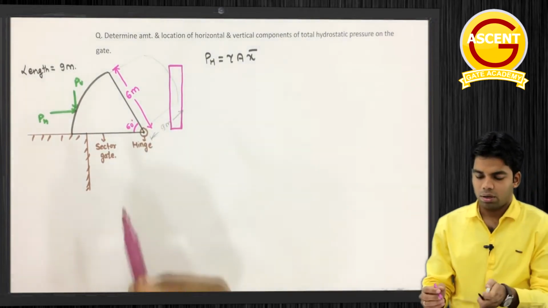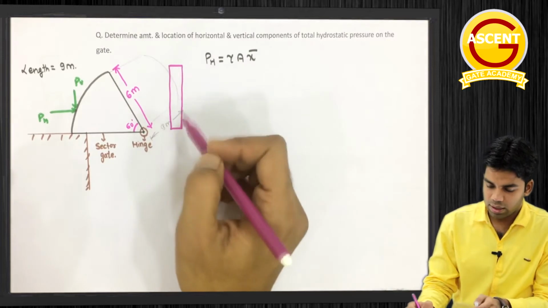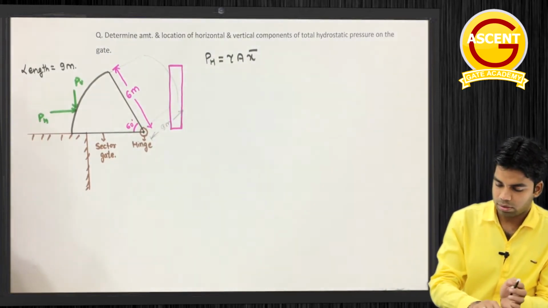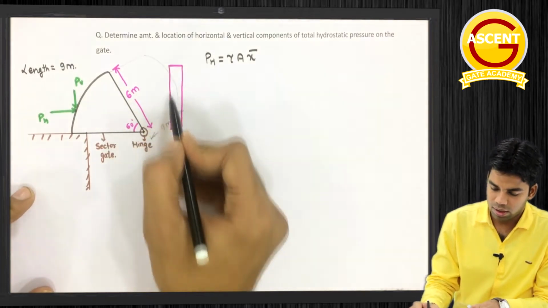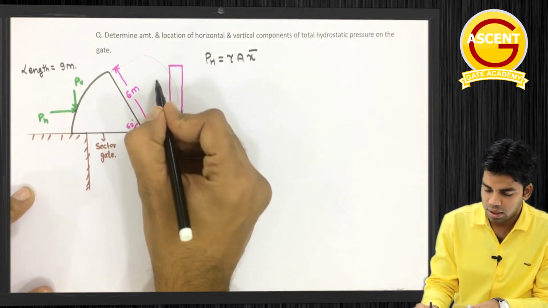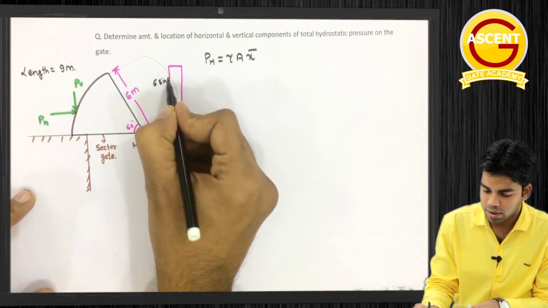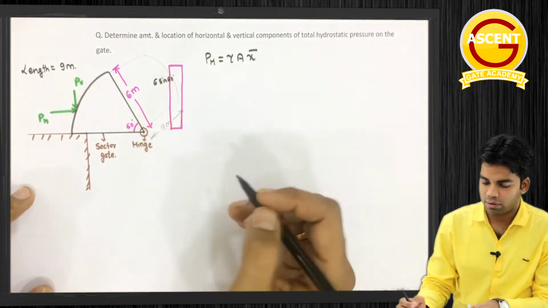The length of this projection is nothing but 6 sine of 60. This distance is 6 sine 60, and the length is already given as 9 meter.